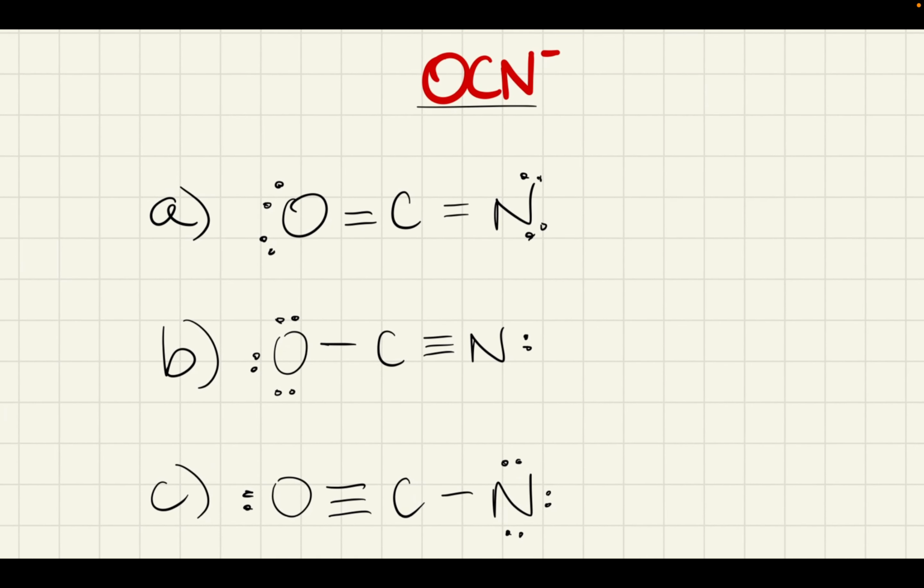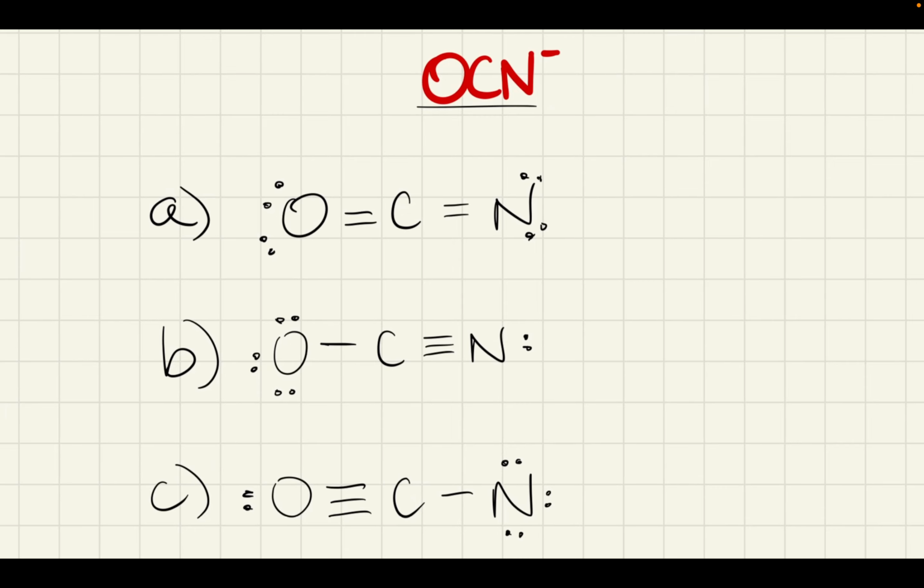Before we can figure any of this out, we need to go through and assign formal charges. If you need help figuring out formal charges, please go back and watch my video on that. I'll try to put a show card to that video.